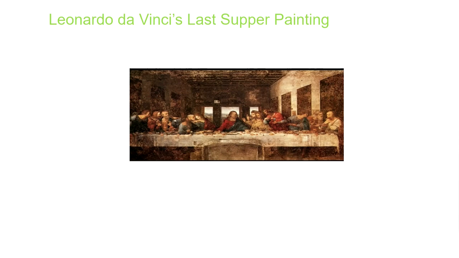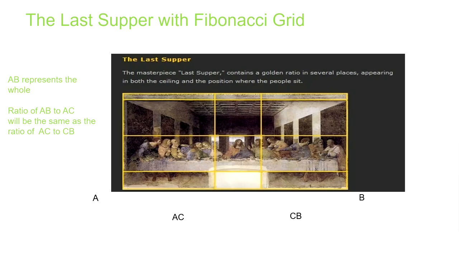So the painting by Leonardo da Vinci, The Last Supper, very famous painting. I think everyone's probably seen this, if not in person, in books somewhere. This is an example of those proportions and symmetry.